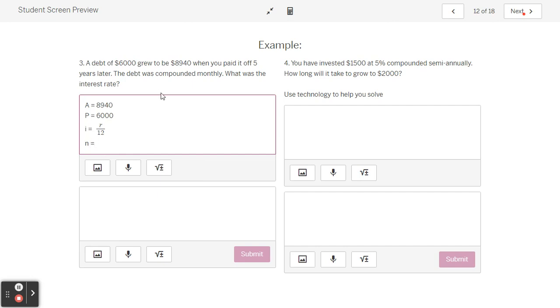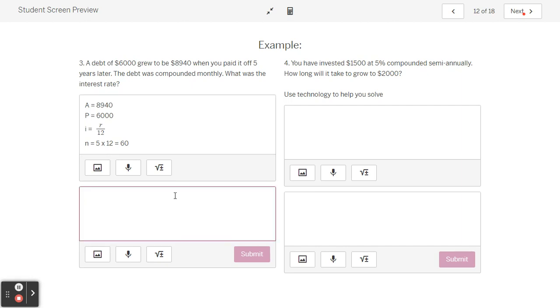n represents the total number of compounding periods. So we have 5 years, and we're multiplying it by 12 because it's compounded monthly. That gives us 60.